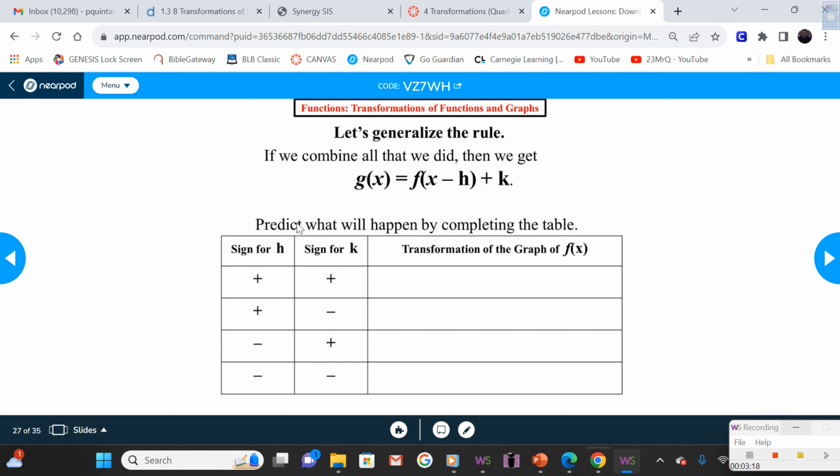And then the instructions are predict what will happen by completing the table. And then sign for h: positive, positive, negative, negative. Sign for k: positive, negative, positive, negative. And what would happen in regards to transformation? I'll give you some time. Copy that.